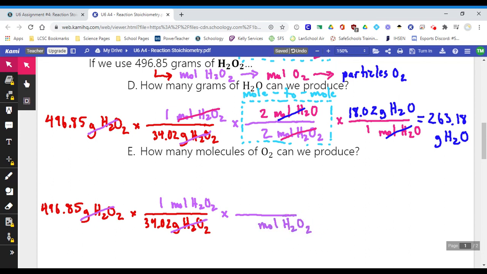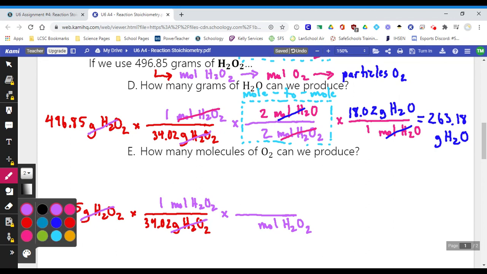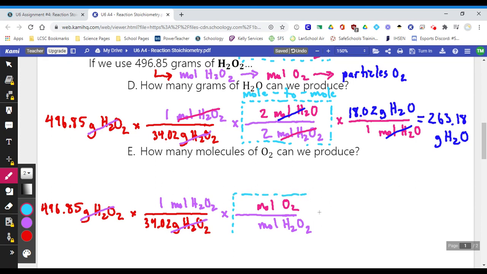Okay. And I want to figure out how many moles of O2 I can make out of that using my balanced reaction equation. Moles of O2. Okay, so this is my mole to mole ratio. Okay, mole to mole. It's the only time I can't be one with moles.